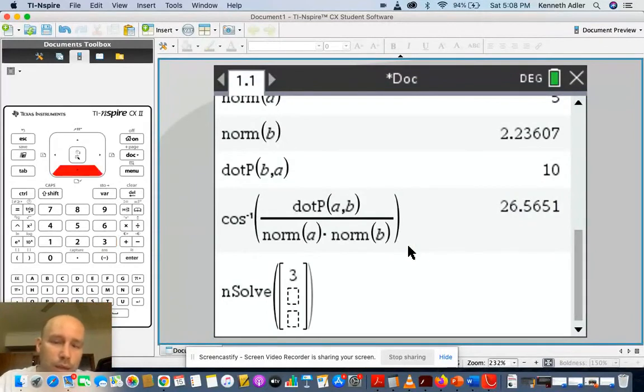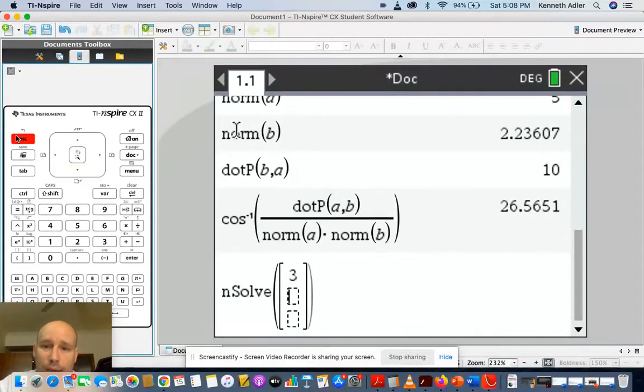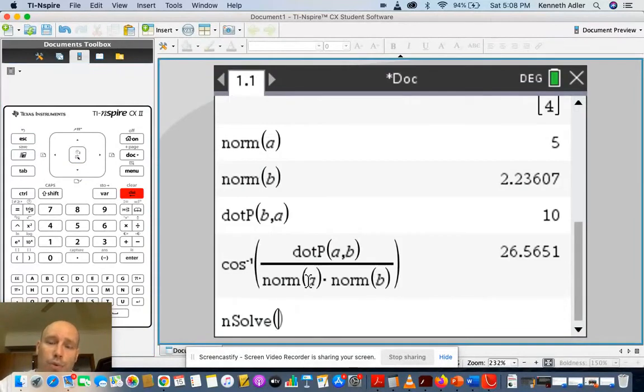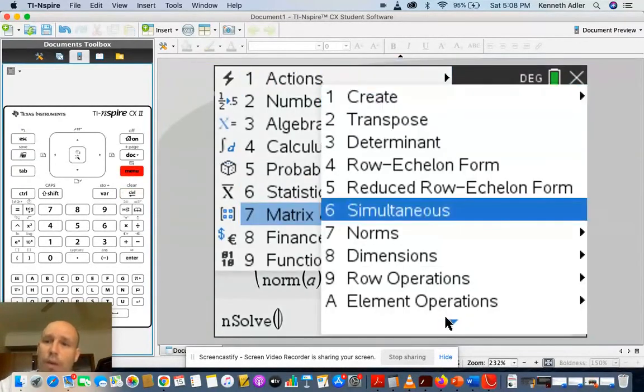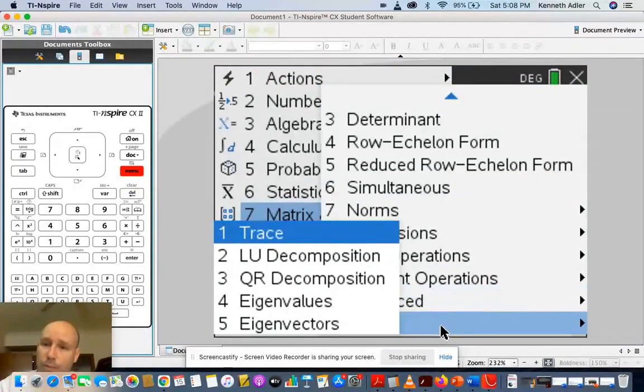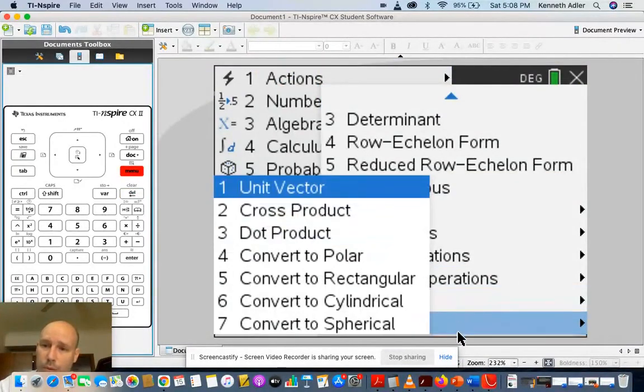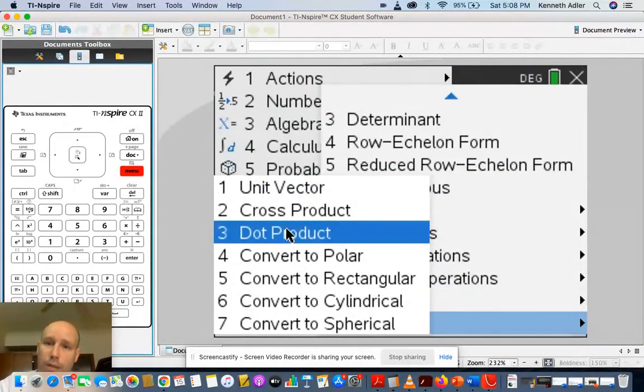Oh, you know what? Sorry, let me back up. I forgot to do the dot product. I need to prove that the dot product is 0. So first thing I'm going to do is menu. Sorry about that. Matrix vector. Scroll down, vector, dot product.